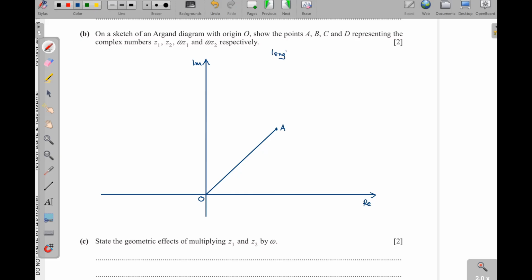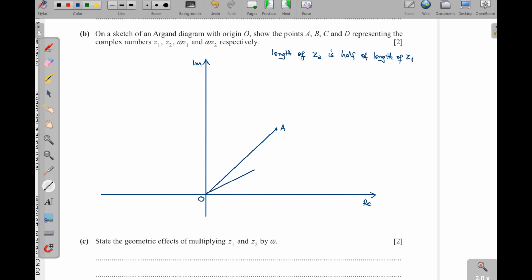Let me write here: length of Z2 is half of length of Z1. You see that? So I'm going to draw this one. Let's say this is 30 degrees. 30 degrees is less than the 45, not so? Like there.